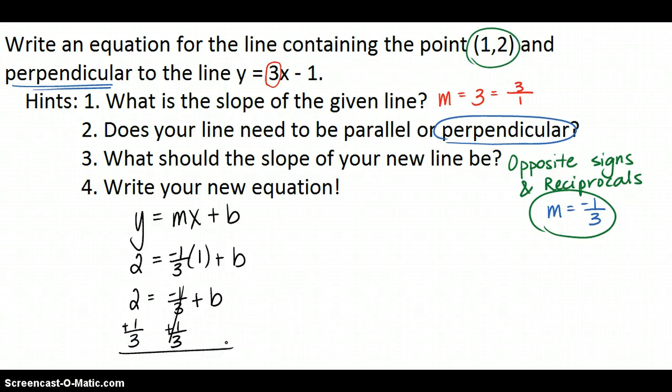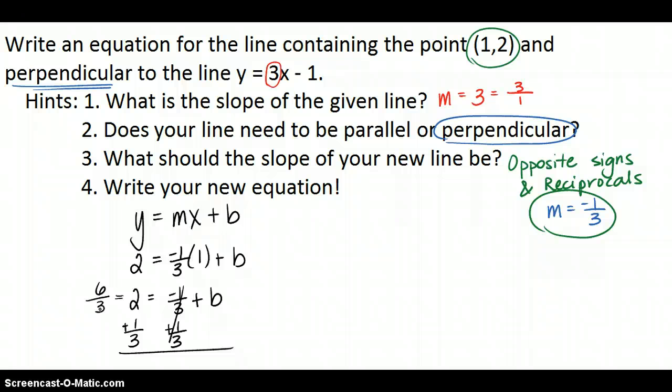We're trying to add a whole number, 2, with a fraction, 1/3. So again, you have two options. You can either change the 1/3 into a decimal, or you can change the 2 into a fraction. So our common denominator is 3. So again, if you want to put 2 over a 3, to get your new numerator, you take 2 and you multiply by 3, and we get 6 over 3.